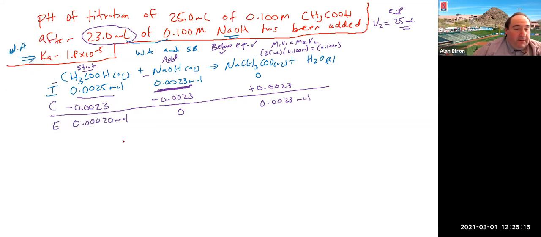At this point, we do want to convert back to volume. Remember that this calculation I did up here was to reach the equivalence point. But our total volume in this particular problem is we did start with 25 of the acid. We added 23 milliliters of the base. That's a lot of math there, but I can go with 48 milliliters. That means that we would want to divide each of these by 0.048 liters to make sure we do get molarity.